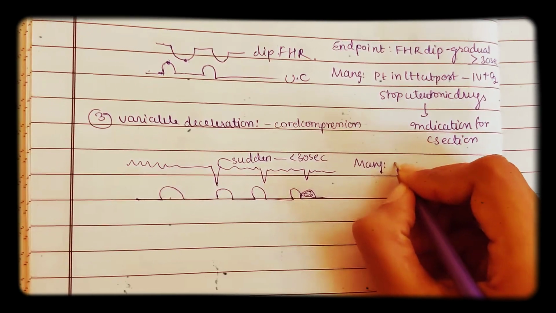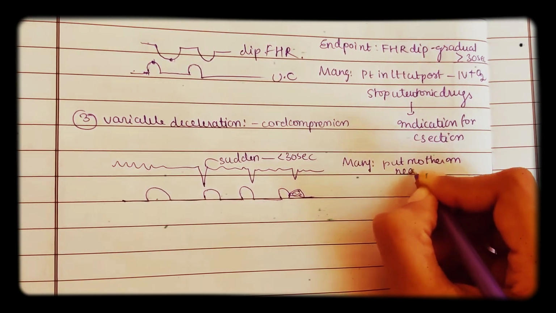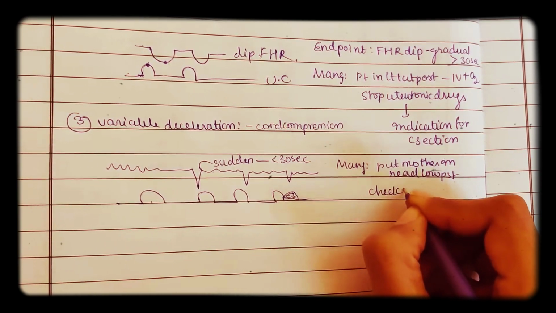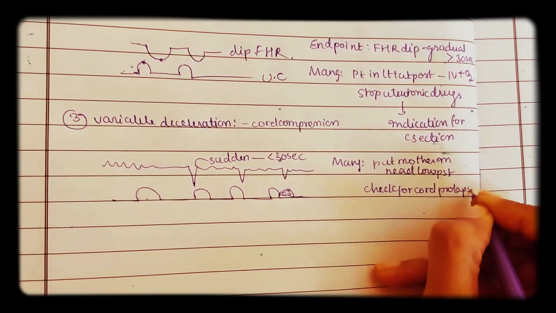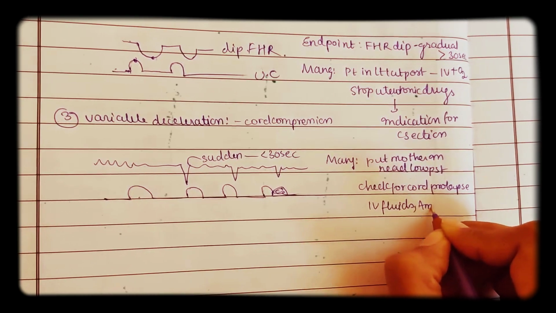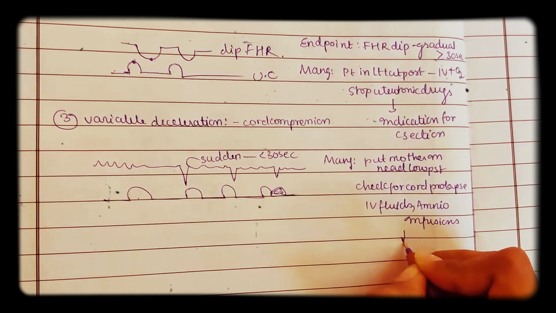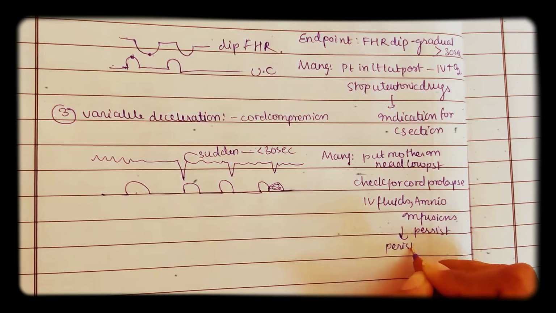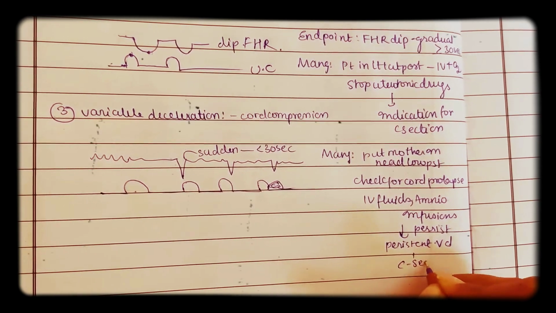Management here is put mother in head low position, check for cord prolapse, give IV fluids, give amnio infusions, and if it still persists, then persistent variable deceleration is again an indication for C-section.